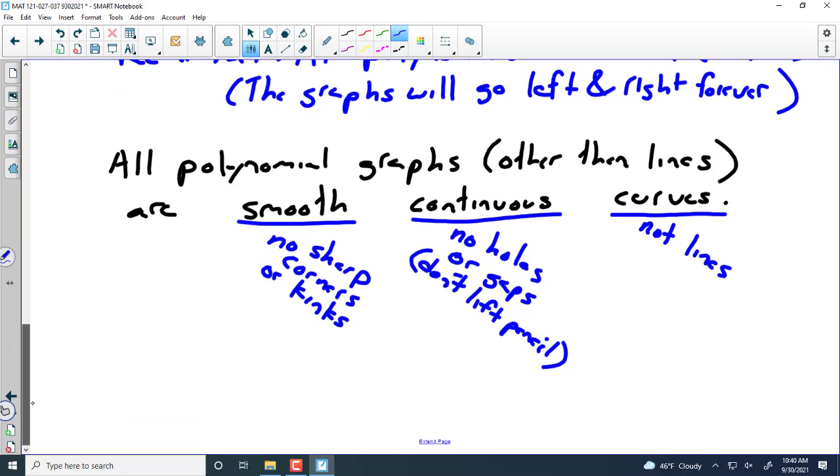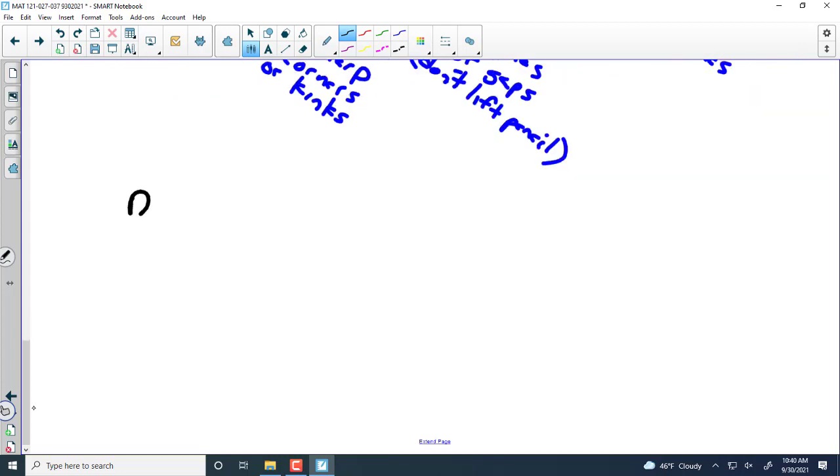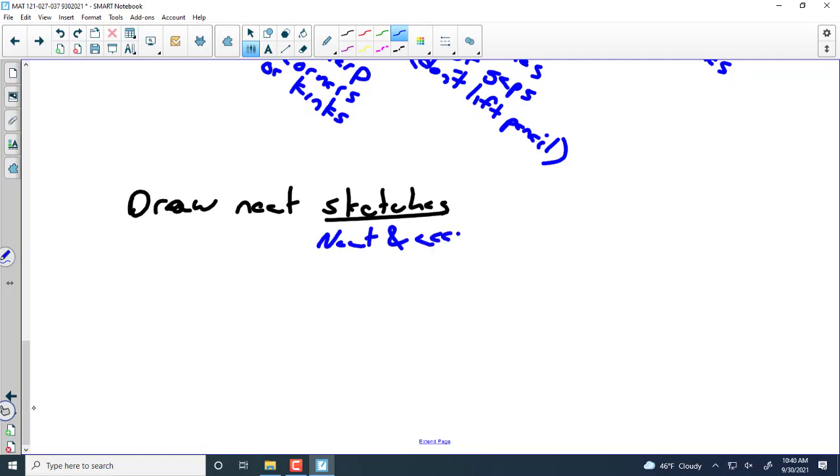And when I say draw a sketch, here's what I mean. We are going to draw neat sketches. A sketch means they will be neat and accurate, but not show every detail.